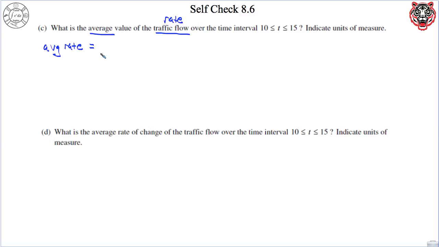It's the total displacement all over total time. You just need to know this is the definition of average rate. I don't have the total displacement yet, so displacement again is just the integral between whatever time interval, 10 and 15, of my function.